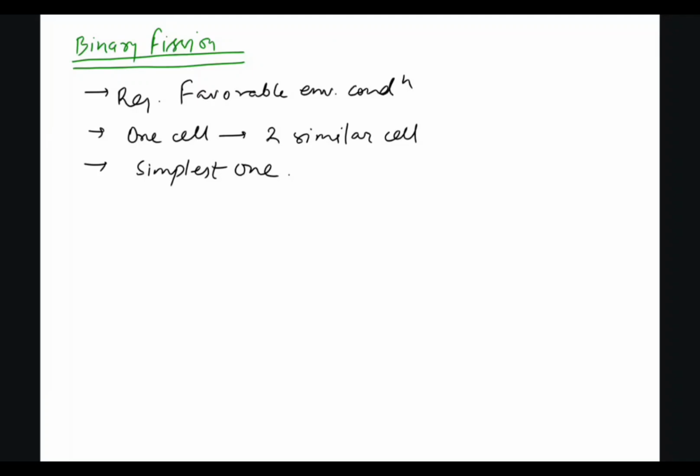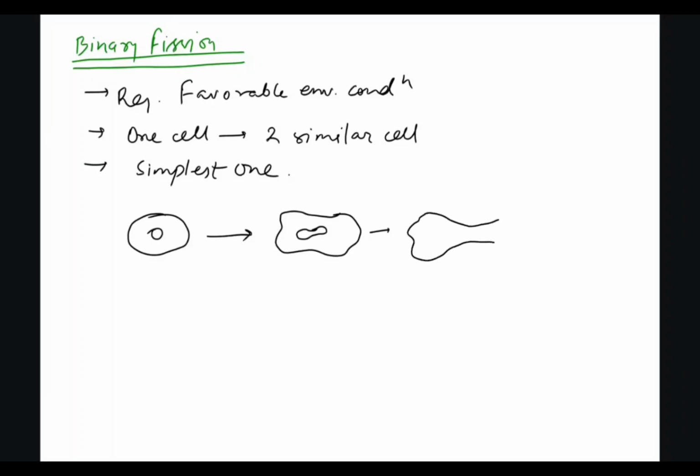Now, there is one cell, and it is undergoing certain changes. There is a nucleus, there is a cell, right? The first thing is that there is certain tension in the cell. The nucleus starts to divide first, then the cell will further elongate. Tension increases, it further elongates, and then it will change into two cells with their own nucleus.